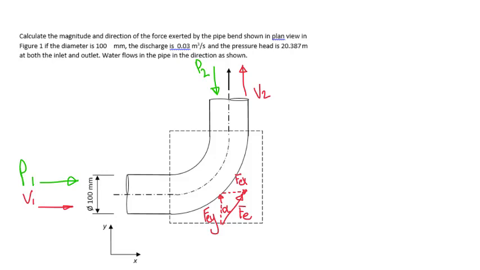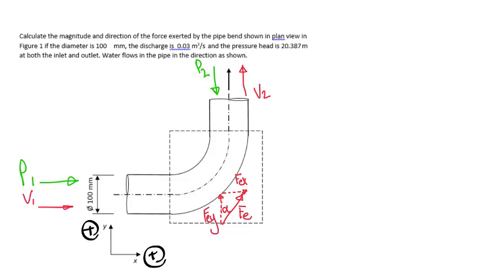We can say Y upwards is positive, and in the X direction to the right is positive. Remember, that becomes important when we're going to work with our sign conventions for the velocity and the pressure.